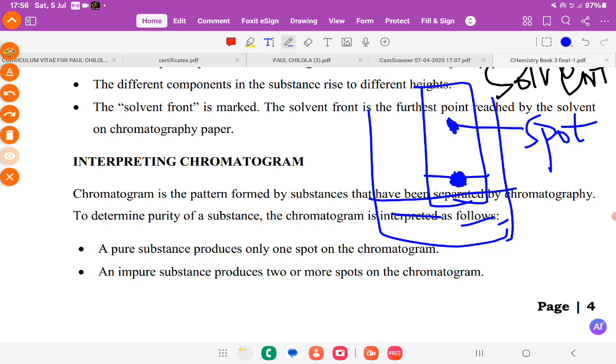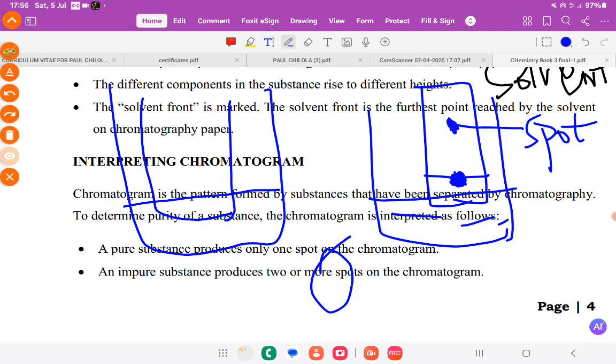But if two or more spots are formed on the chromatogram, on the paper, it means that the original substance was impure. You'd have something like this being paper. Let's say this is a beaker, this is a solvent. This is the original sample, and then you have a spot, and another spot, let's say several spots.